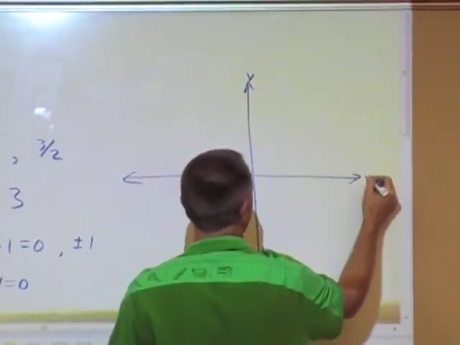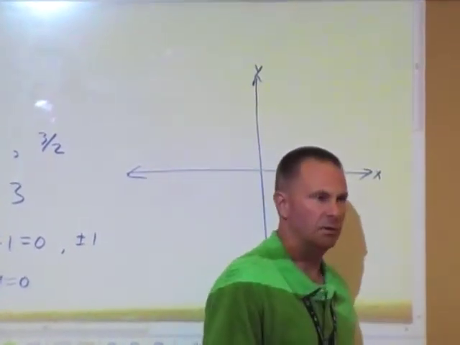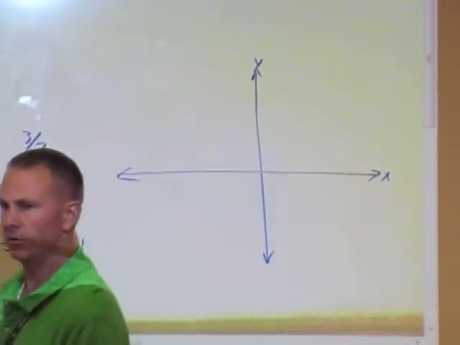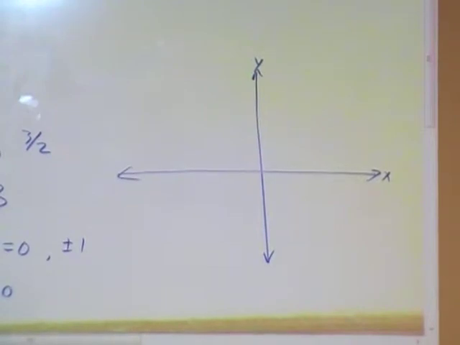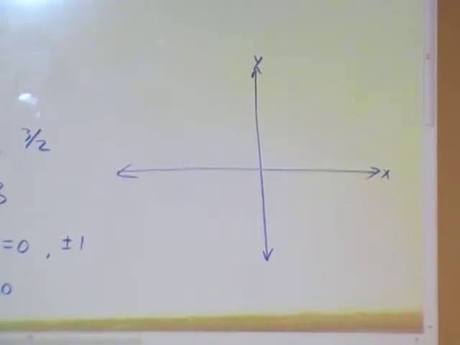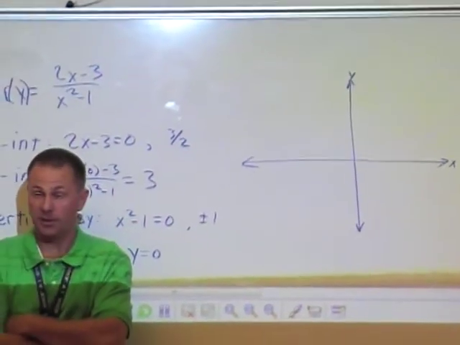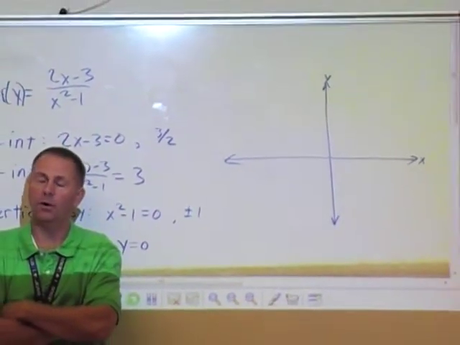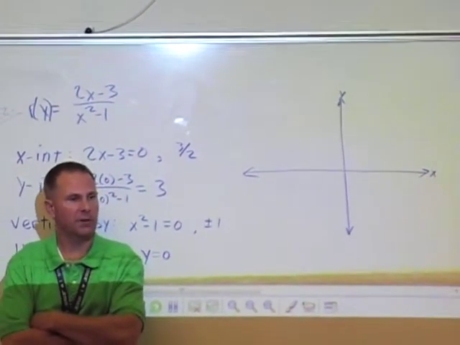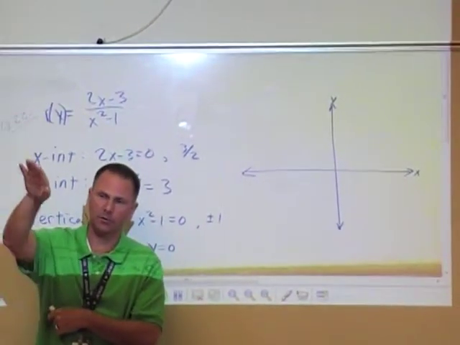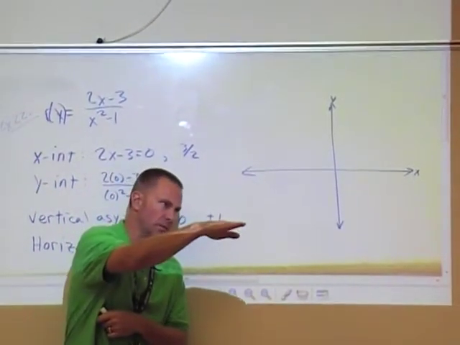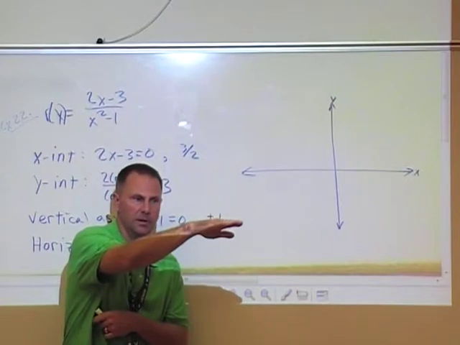Now you've all been taught that you cannot cross your asymptotes, right? The lines will never touch the asymptotes. That's not true. Asymptotes are just lines that don't even exist, and what we use them for is the end behavior of your curves. As the curve goes, it's approaching some line that's not there.